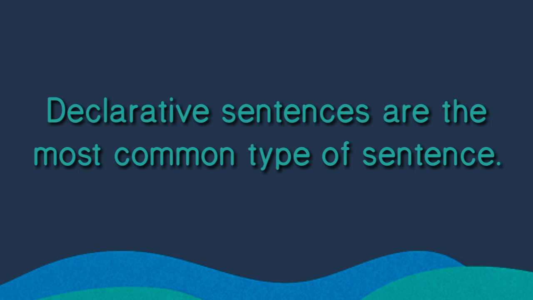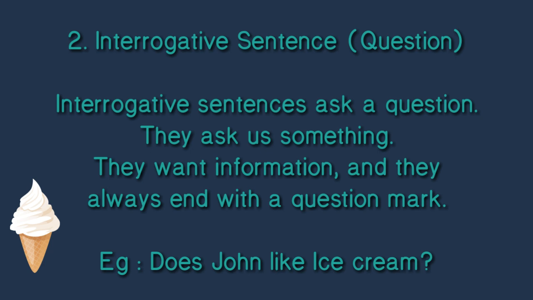Okay. Now we are moving to the second one, interrogative sentence. That means question. Interrogative sentences ask a question. They ask us something. They want information and they always end with a question mark. Look at this example. Does John like ice cream? That's a question.